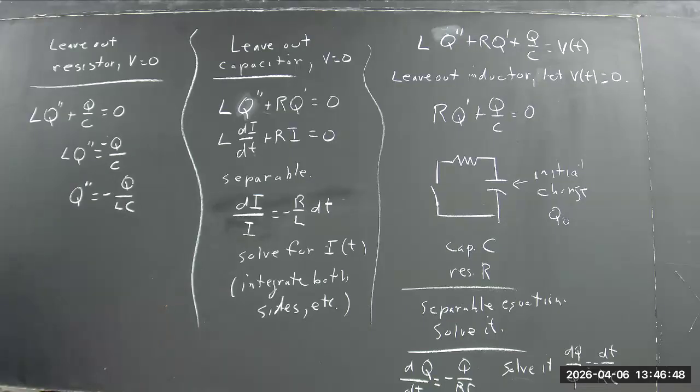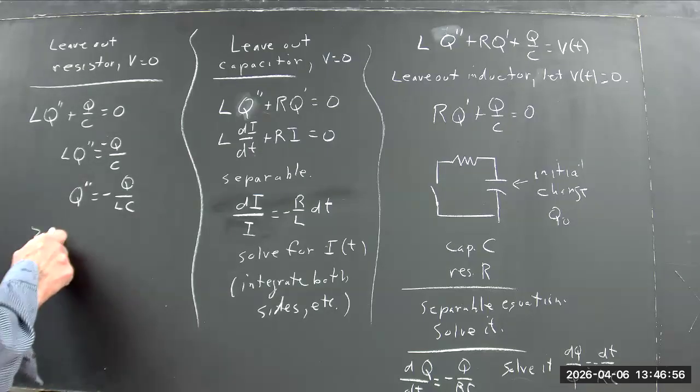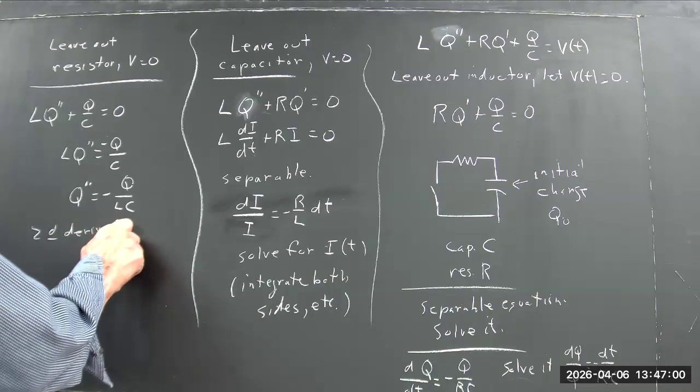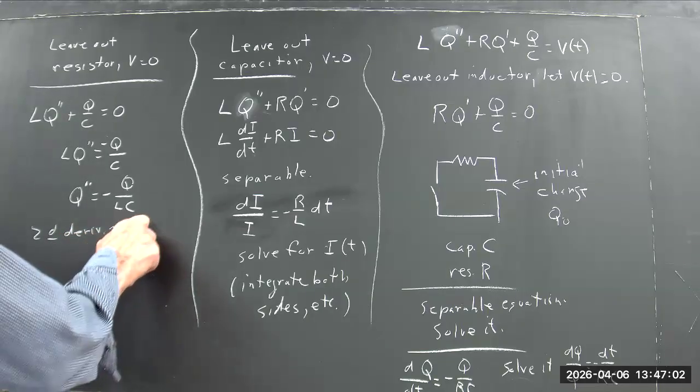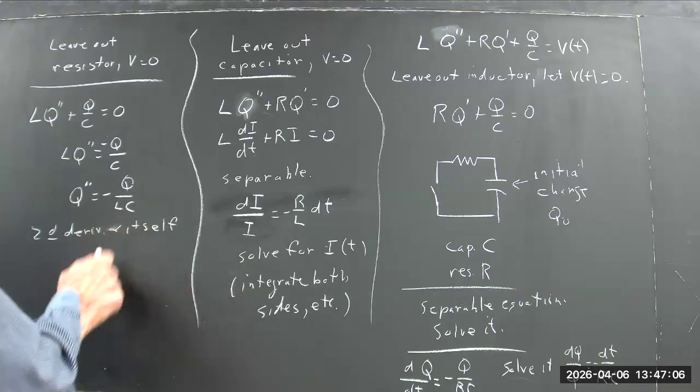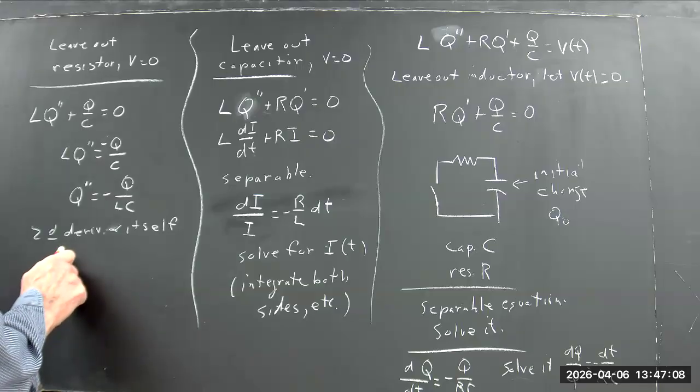It's a sine or a cosine, or e to the i theta. Second derivative proportional to itself.